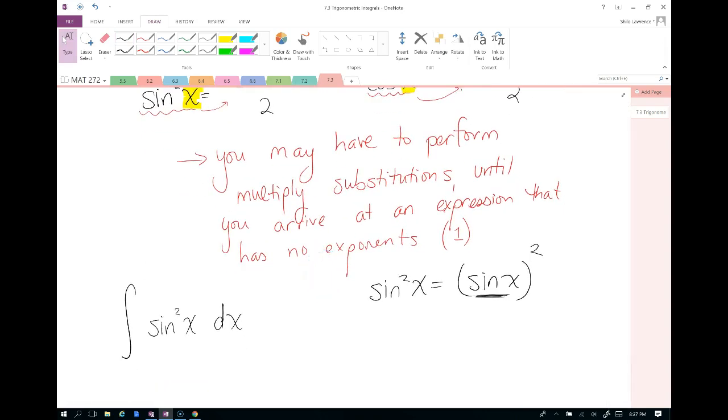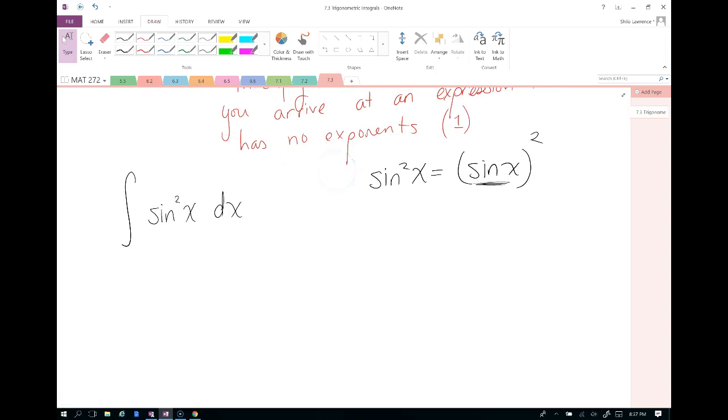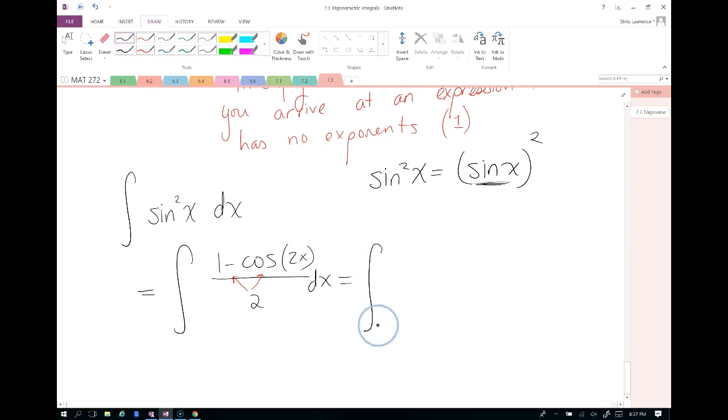Anytime we do not have odd powers to work with, you should use your power reducing formulas. So for sine squared, I'm going to go ahead and replace it with 1 minus cosine of 2x all over 2. And this is actually a lot easier to work with if we separate the numerator, and we think of this as integrating two separate terms.